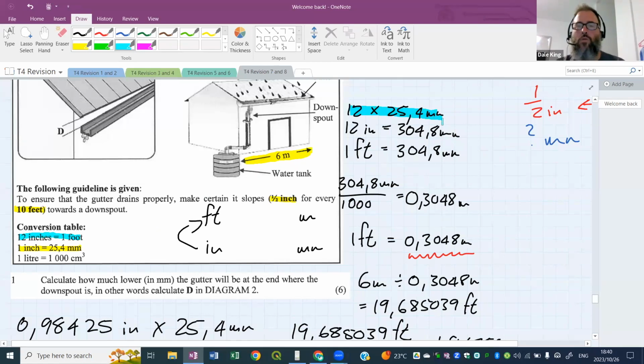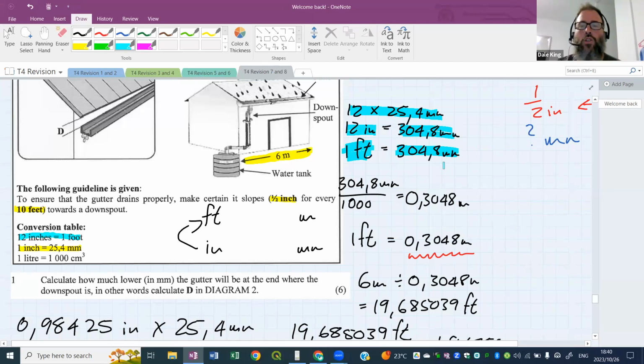So 12 times 25.4. That means that 12 inches is equal to 304.8 millimeters. That's more useful to me because now I have a 1 foot to millimeters conversion. I'm getting close there now. Now, the millimeters doesn't work for me because I need to work in meters.